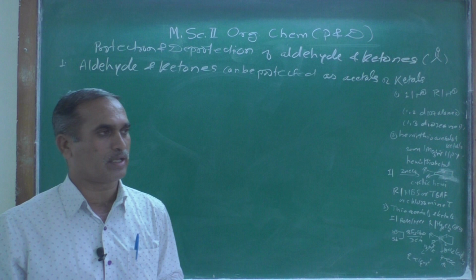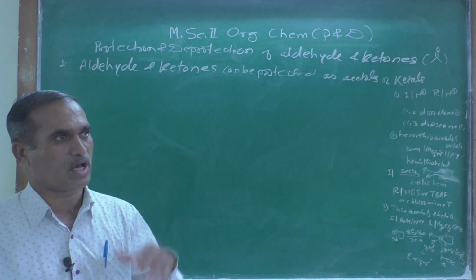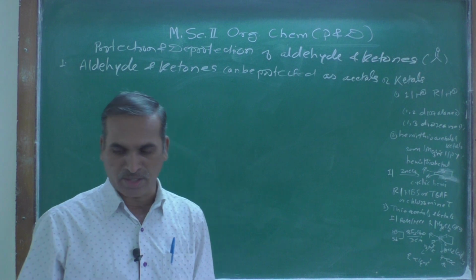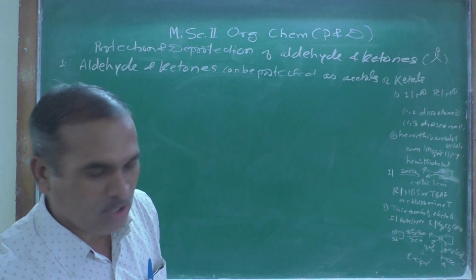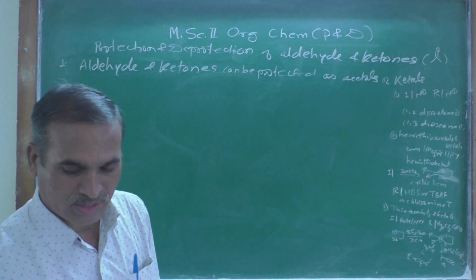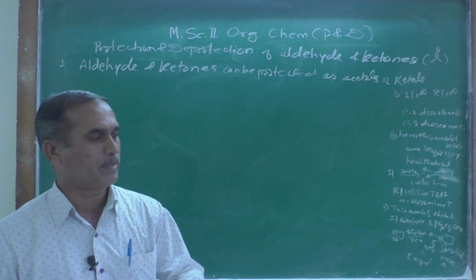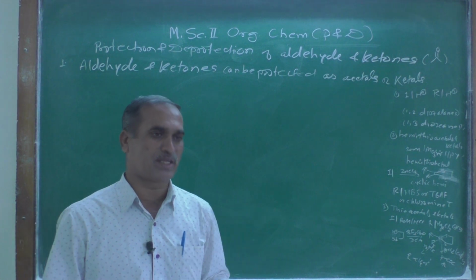As we know, nearly 75% of organic compounds contain the carbonyl group, which is aldehyde and ketone, and among these, aldehyde is more reactive than ketone. Why are aldehydes more reactive than ketones?